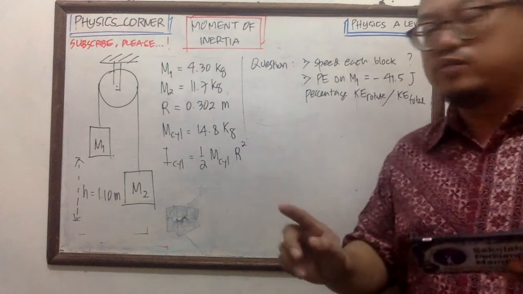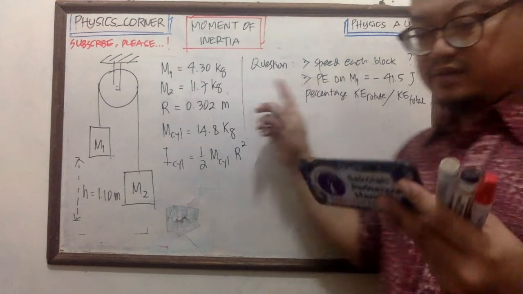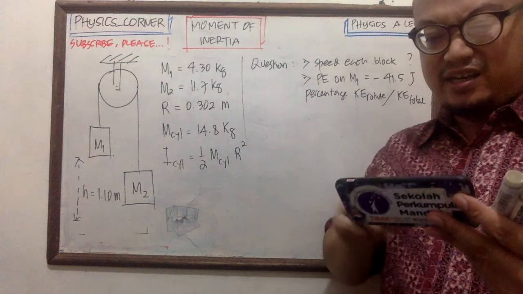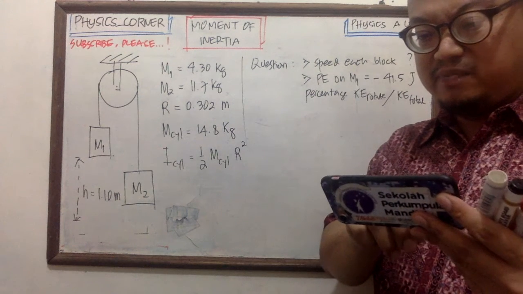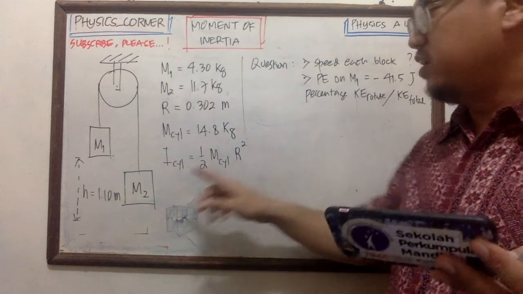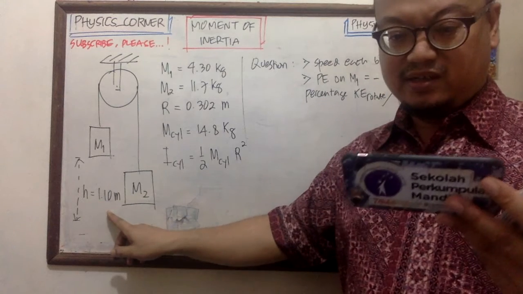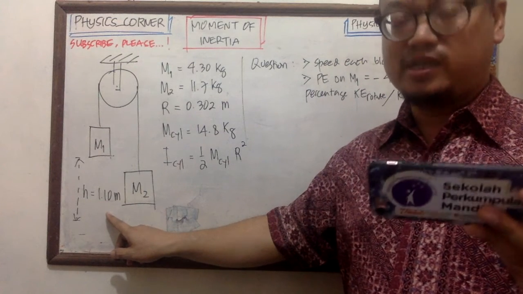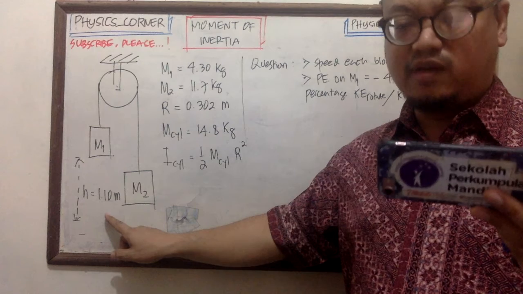Okay, we have two questions here. Question A: at the instant the mass m2 has fallen 1.1 meter from rest, find the speed of each block.